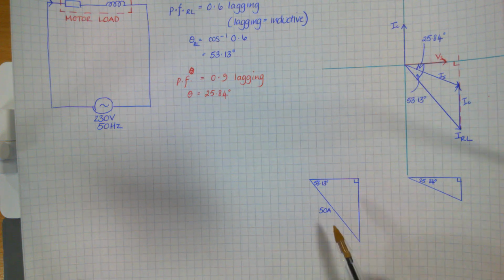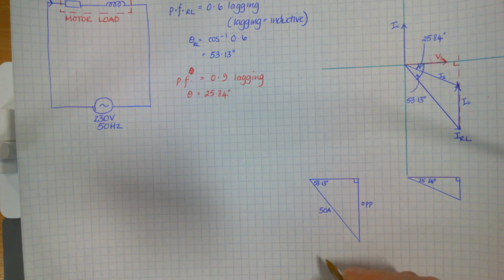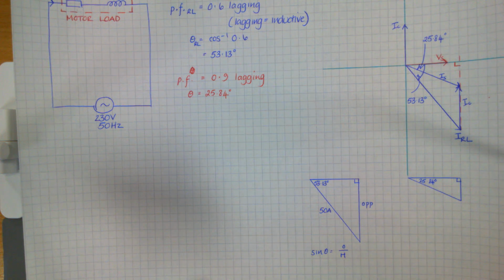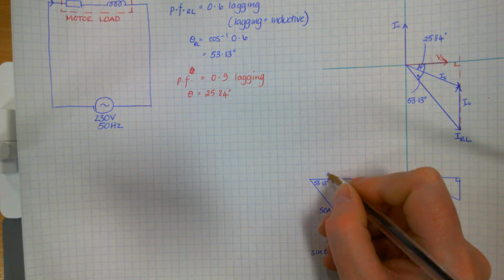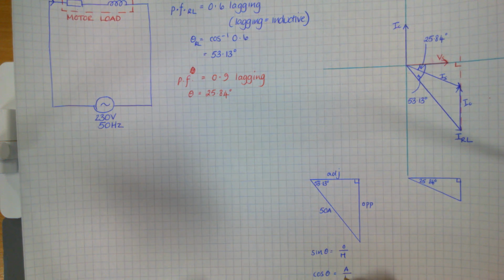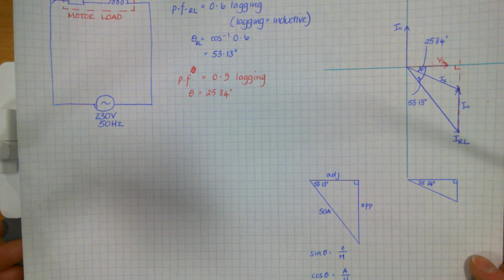So the first thing you have to do in this triangle, you have to work out the opposite, using SO, and you have to work out the adjacent, using cos, or the CAH. So you'd work out those two first.